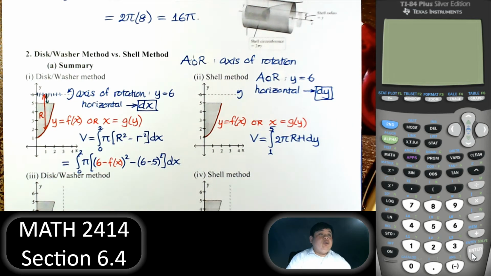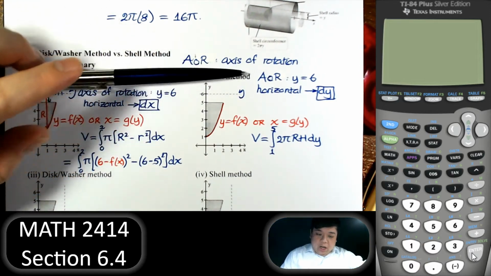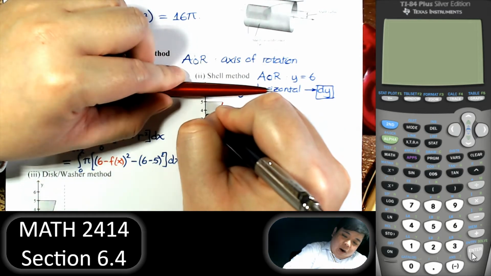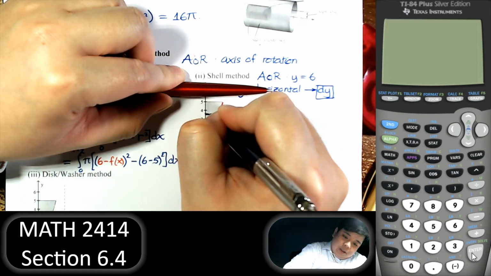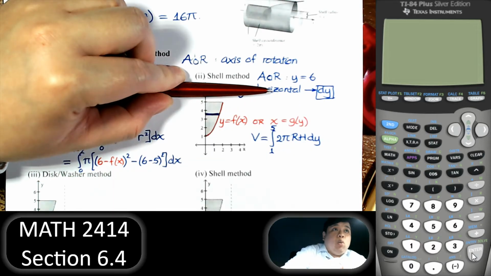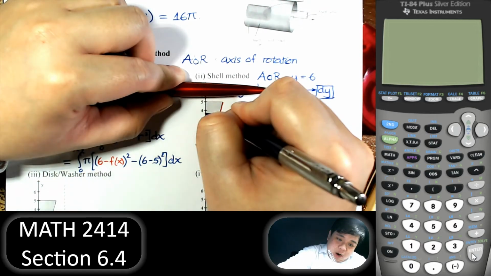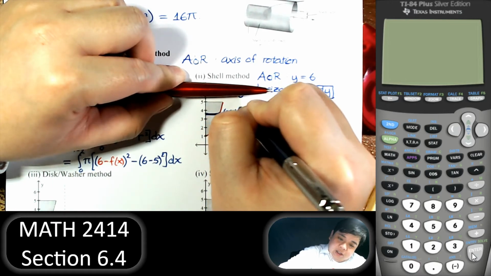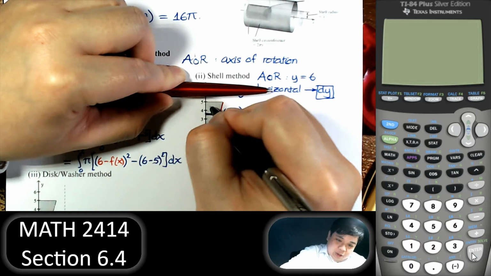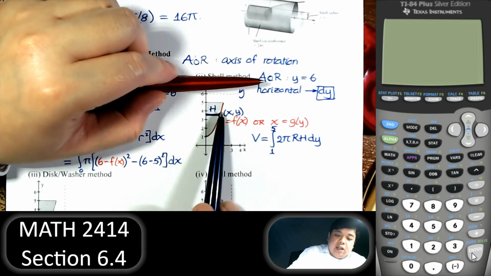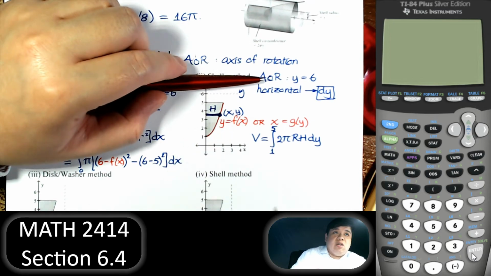Now to determine the r and the h: this is the axis of rotation. To find the h, we'll just draw a line parallel to it. So h is going to be the function on the right minus the function on the left.